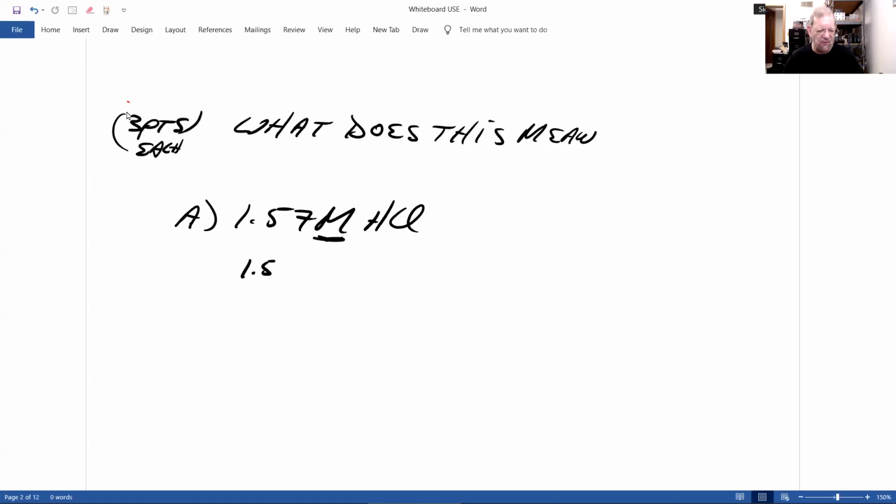What this means is 1.57, and after the capital M is the solute, in this case hydrochloric acid, and that means molarity 1.57 moles of HCl per 1,000 milliliters.